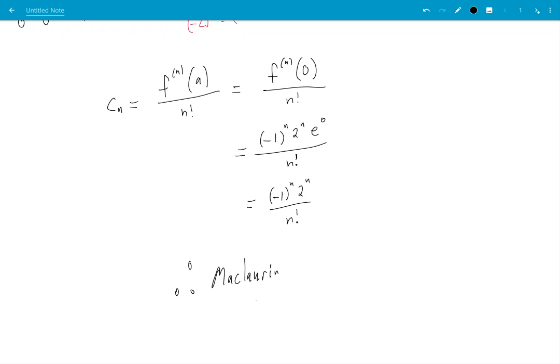So the Maclaurin series equals, as we said above, the sum starting at 0 of Cn x to the n, which is starting at 0. You can see I haven't really mentioned this, but I'm just using a short form here. What I mean is n equals 0 to infinity. You can abbreviate that like so if you want.